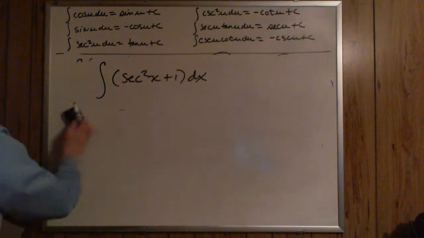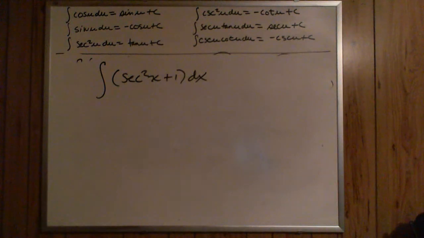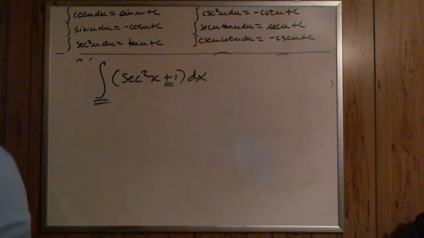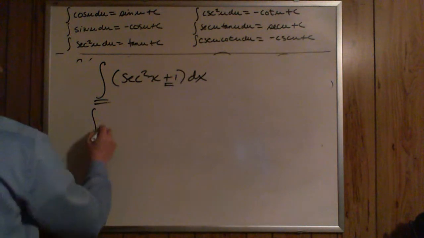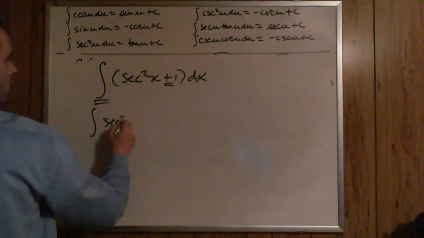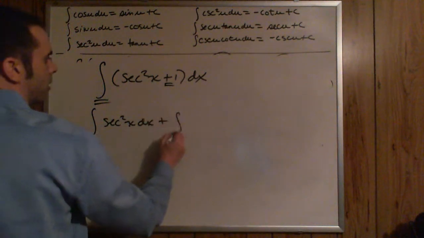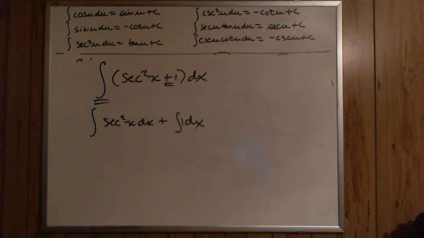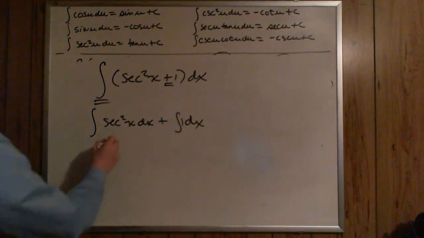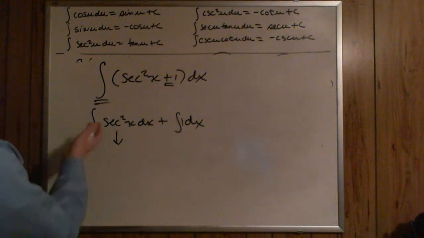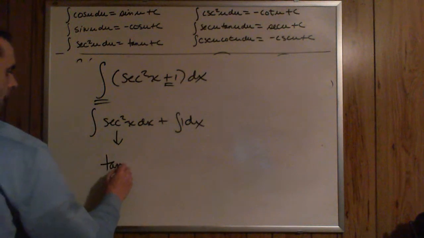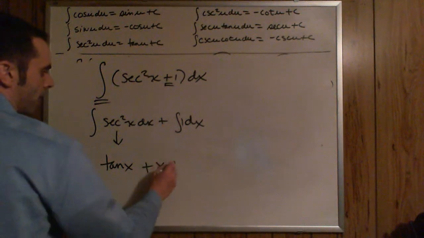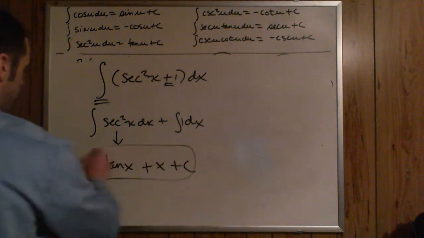So again, as I said earlier, split this up at the plus or the minus. So this would become the indefinite integral of secant squared x dx plus the indefinite integral of 1 dx, or just dx. And a function whose derivative is secant squared is tangent x, and the antiderivative of 1 dx is just x, and finally plus c at the end as a constant.